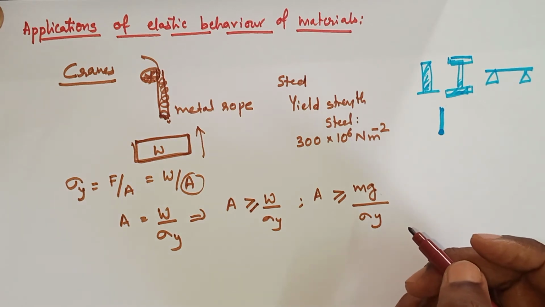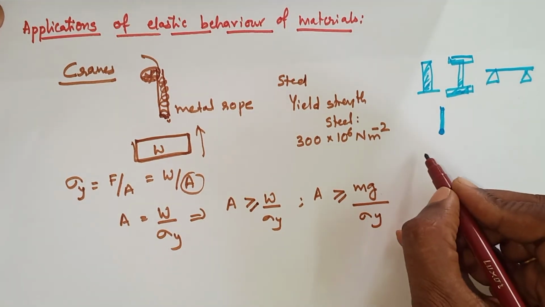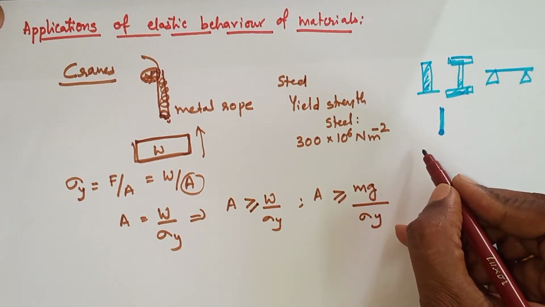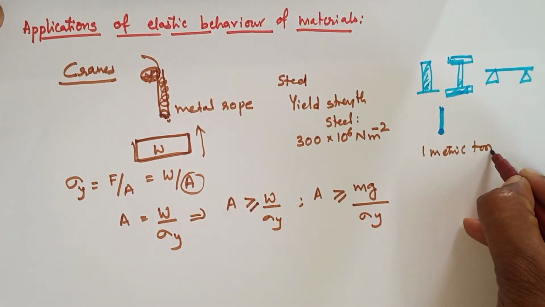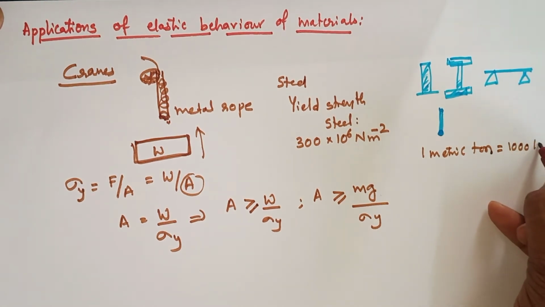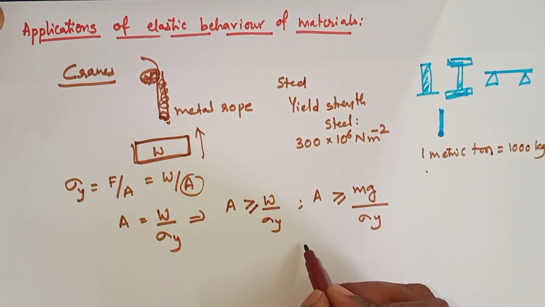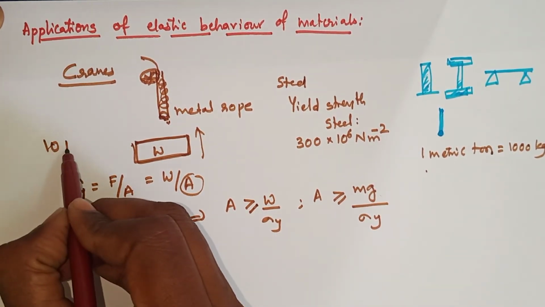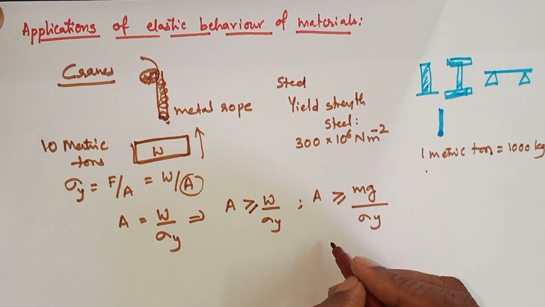Suppose you want to use 1 metric ton or 10 metric tons, however it is. 1 metric ton means 1000 kg. If you want to lift 10 metric tons, what is 10 metric tons?